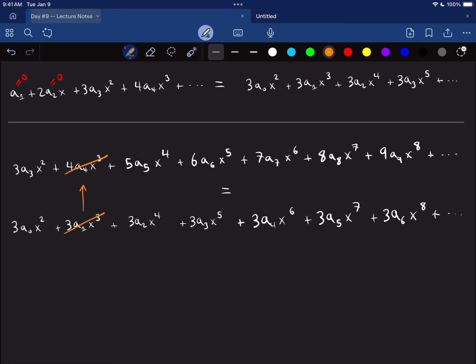And now I go, well, okay, wait a minute. If a4 is equal to 0, well, then look right there. That term is 0, so this is crossed out. But guess what? If that term is 0, then the corresponding x to the 6th term in the top has to be equal to 0. That has to cross out. So I go up right here and cross this out, because a7 is 0.